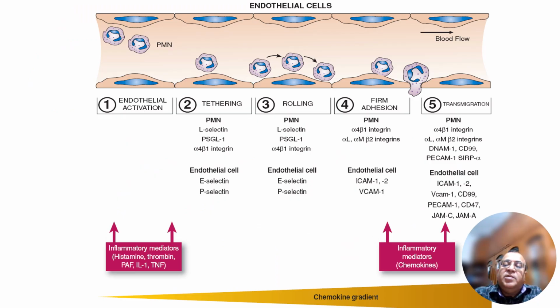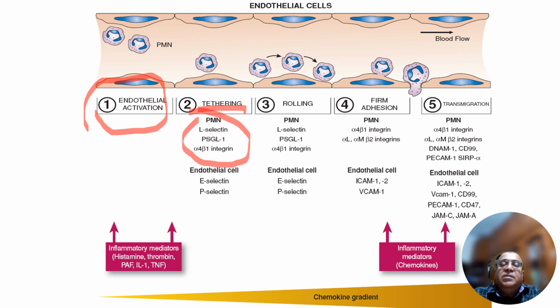This picture is summarizing the cellular events that occur during acute inflammation. Initially, there is the activation of endothelial cells, along with the expression of E-selectin and other integrins on the surface of the leukocyte.